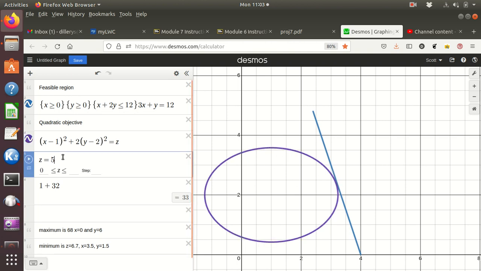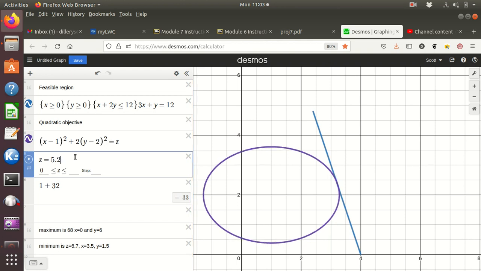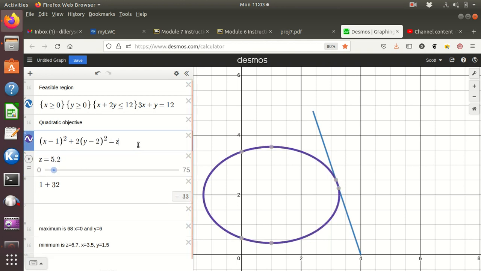But I can try 5.1. Click up here. I still don't see any gray dots. I could try 5.2. Click up here. Oh, there are a couple gray dots. And since there are a couple, I'm actually a little too far, so it's probably 5.1 something.